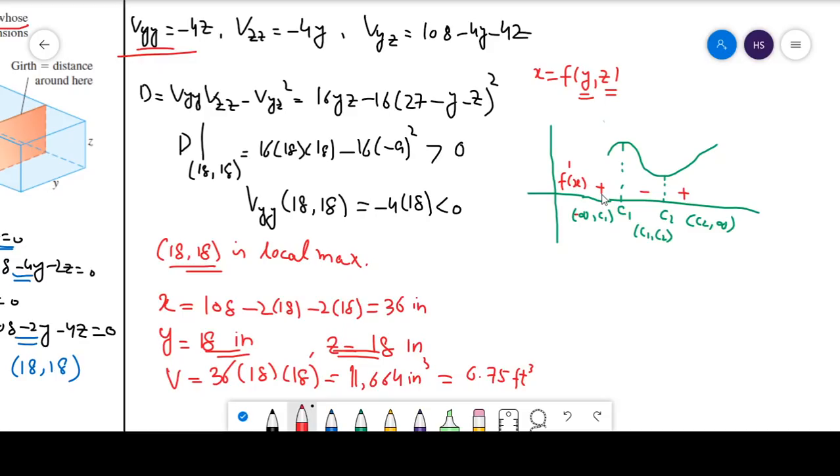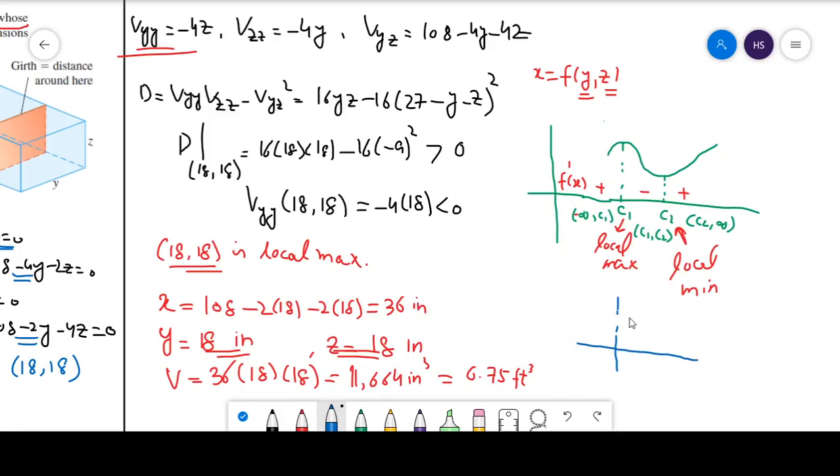Here it will be positive, here negative, and here positive. So the sign changes from positive to negative at this critical point, which makes it a local max, and here it changes from negative to positive, which makes this critical point a local minimum, right?